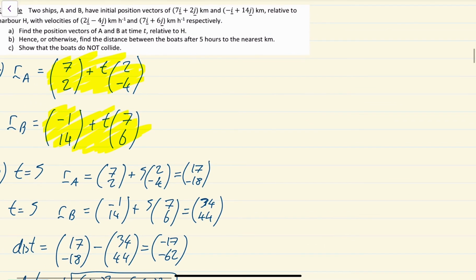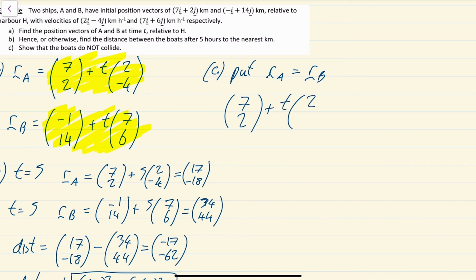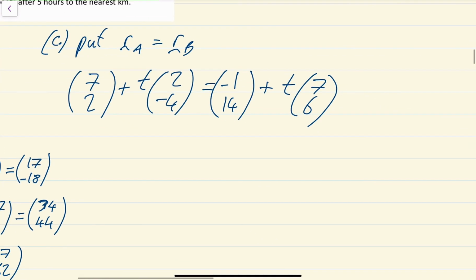So for part C, we put r_A equal to r_B. Let me write this down quickly and then I'll zoom in on it. So (7, 2) plus t times (2, -4) is equal to (-1, 14) plus t times (7, 6).